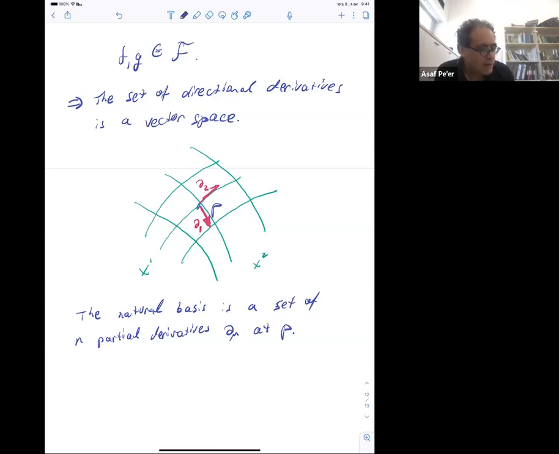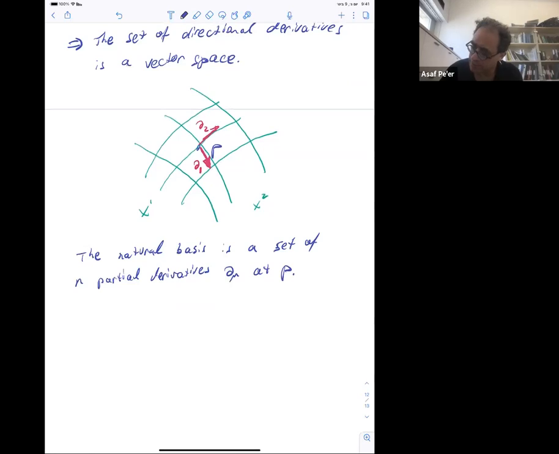So the set of n partial derivatives ∂_μ is a basis of the tangent space T_p.